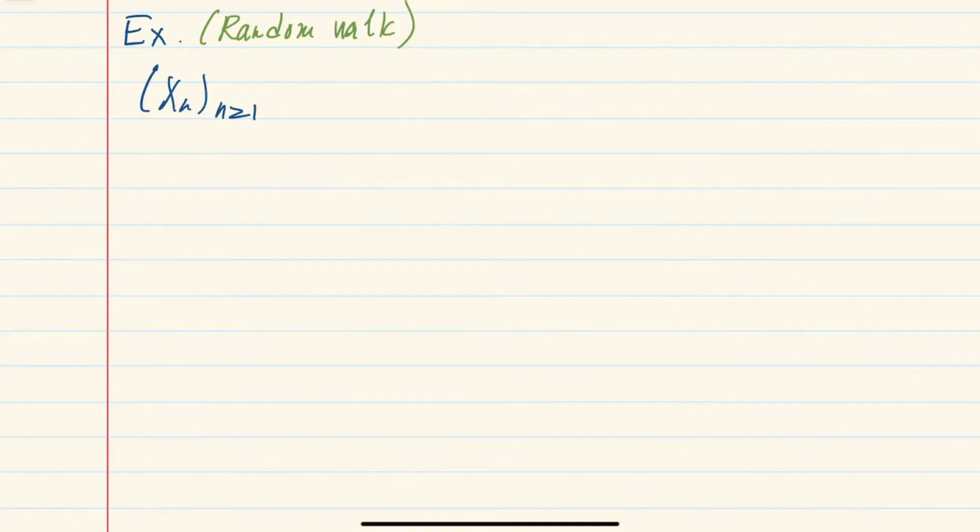So we consider a sequence starting from 1 or from 0 of these independent random variables. And we assume that their expectation exists, or is well defined, and moreover it is 0. So these are all centered.